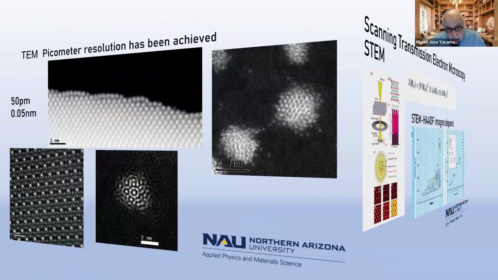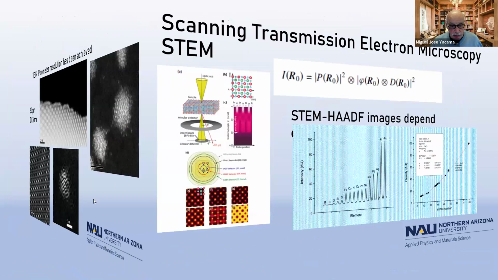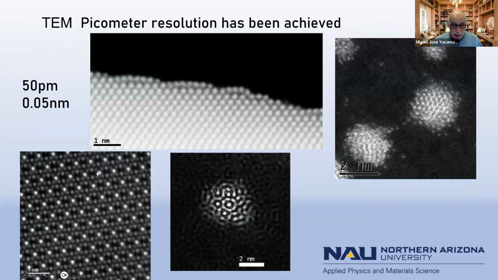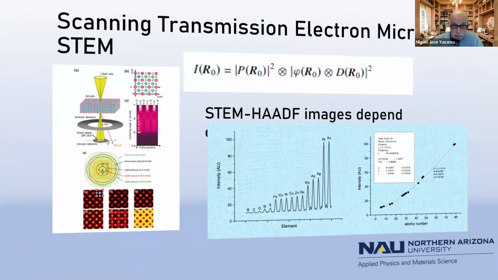And in addition, there is a technique called scanning transmission electron microscopy, in which the images depend upon the atomic number. So if I go back to this picture, you can see a very bright spot, which is one species, and the other weaker spots are another atom. And if you do the calculation, you can calculate which atom is which.